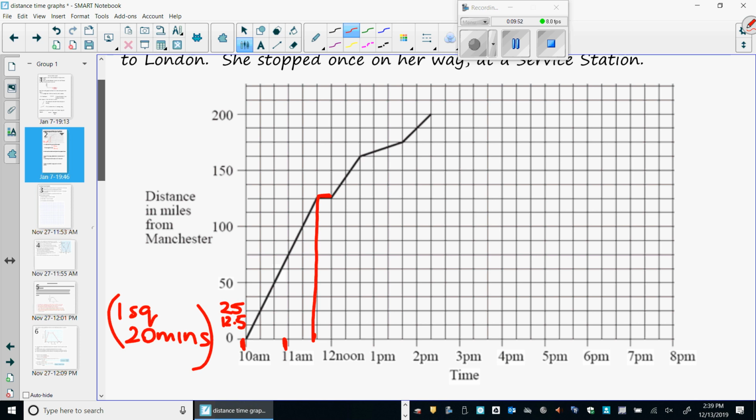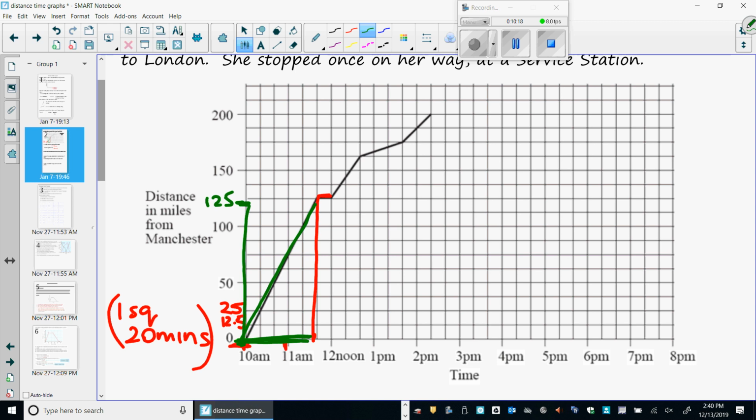If you're not sure, then you just find the speed of both of them. We know that speed is distance over time. For this portion here, the green portion, the distance that she's travelled goes from here up to here. So what distance is that? 125 miles. And this portion here is the time that she's taken. An hour and 40 minutes.